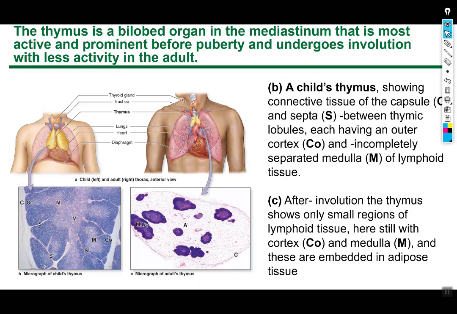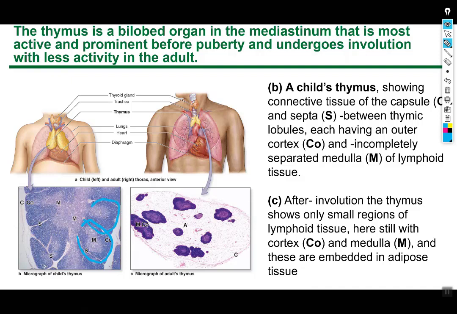So I discussed the thymus earlier, but this is just a picture showing before and after involution. So it sits on top of the heart, and as you can see, the difference in size and histology between a juvenile thymus and an adult thymus is quite obvious. So a child's thymus has multiple lobules, which are these big sort of projections.